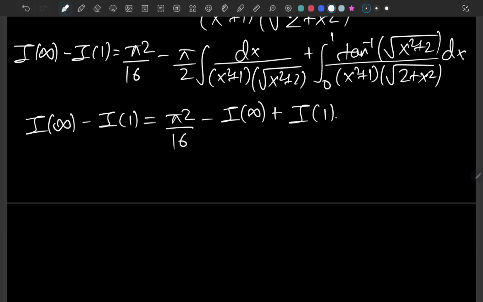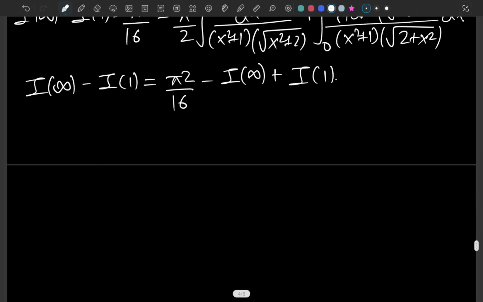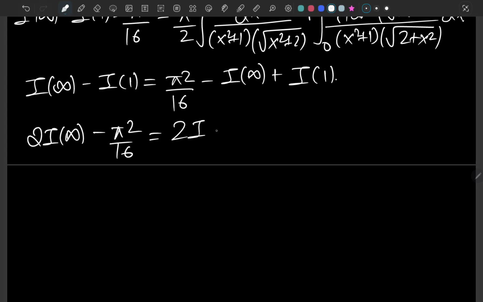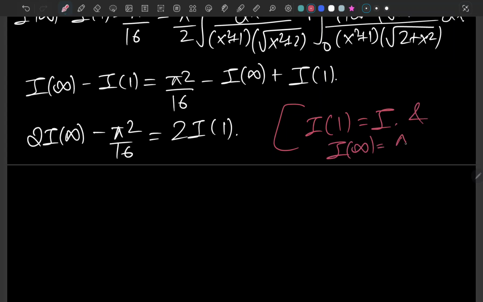Okay, and now you can see that this becomes 2 times I of infinity minus pi squared over 16 equals 2 times I of 1. And please remember that I of 1 was I, and I of infinity was pi squared over 12.